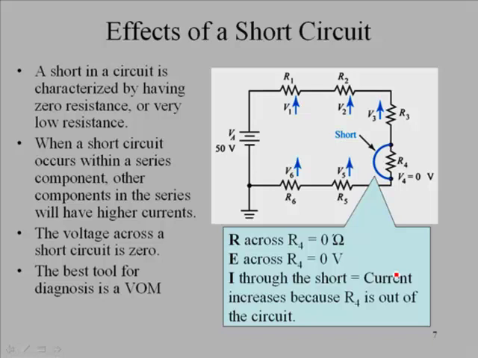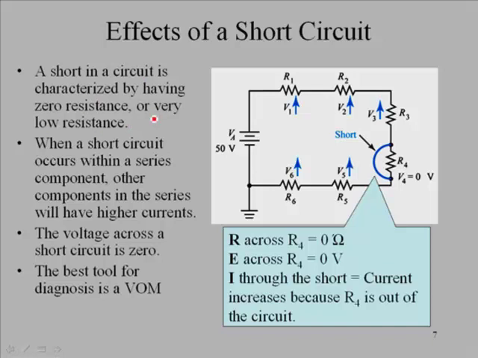Okay, effects of a short circuit. The previous screen we looked at the effects of an open. Now we're going to look at basically the same circuit, and we're going to look at what happens if we have a short. A short is characterized by having zero resistance or very low resistance.